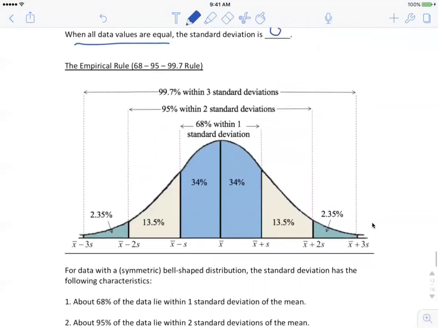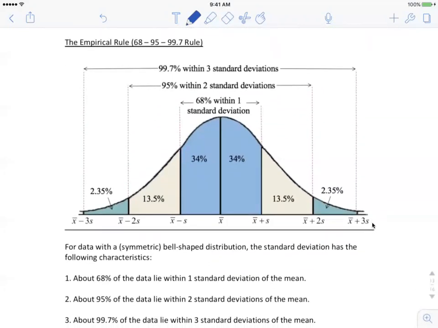So this rule only works if you have that shape in the population, okay? If your population is bell-shaped, then we can talk about the percentage of data values within a certain range.